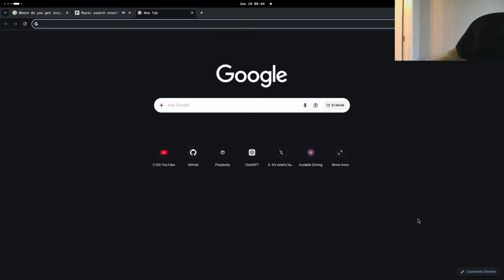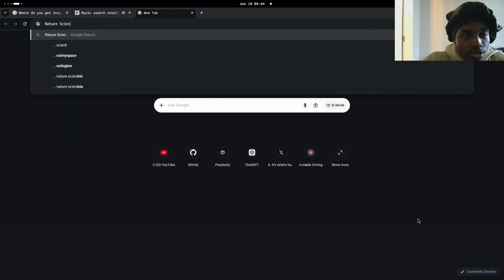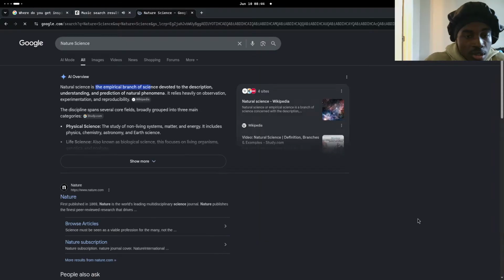We've got Nature Science, Nature Catalysis, and Chemical Catalysis. Now, why am I getting catalysis papers when I'm usually doing computational stuff? I honestly do not know, but whatever. We will find something. Nature Science.